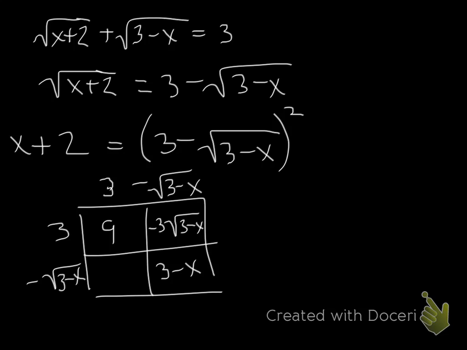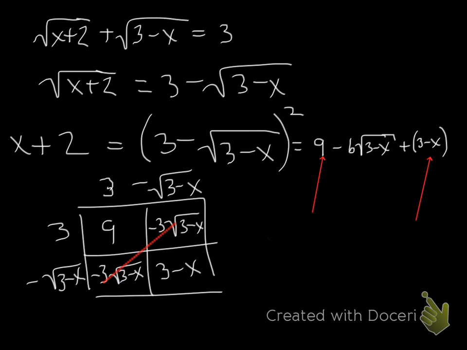And because it's a perfect square, this will also be negative 3 times 3 minus x. And of course, these two middle terms are combined. So the answer to this expansion is as follows. First term 9, last term 3 minus x, and the middle term gets doubled up, so we have minus 6.